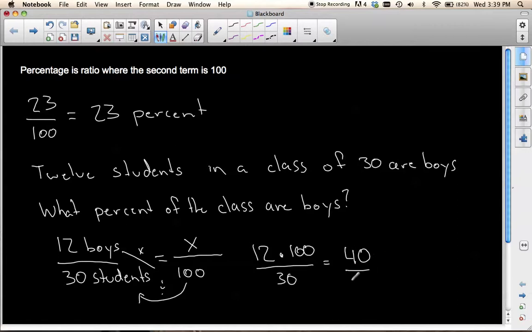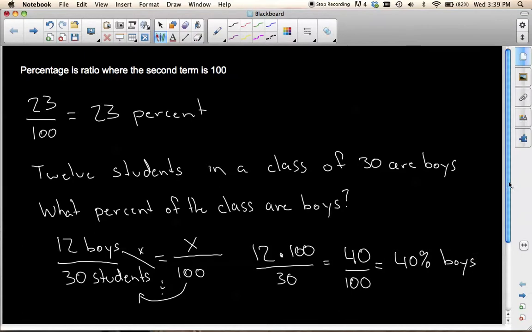And 40 out of 100, which in the end would give me 40% are boys. That's really all it is if you're trying to figure out what the percentage of something is. It doesn't get more complicated than that.